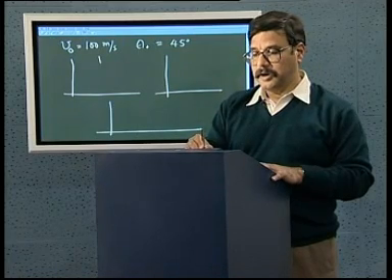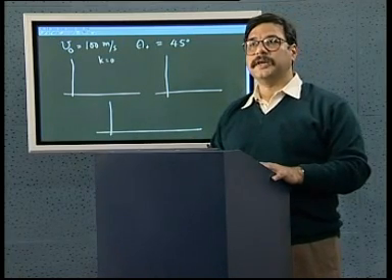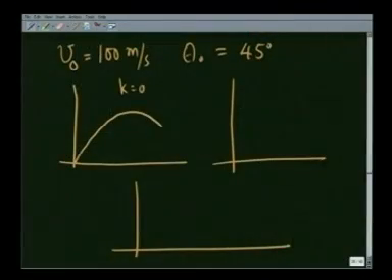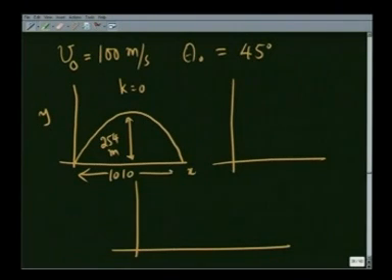I take k equal to 0, which is the case of no drag or no viscosity. In that case, you are well familiar that this comes out as a parabola. Its height is about 254 meters and the range comes to about 1010 meters.